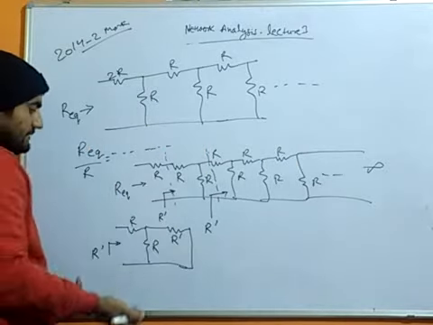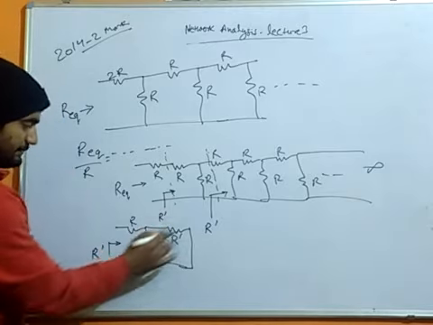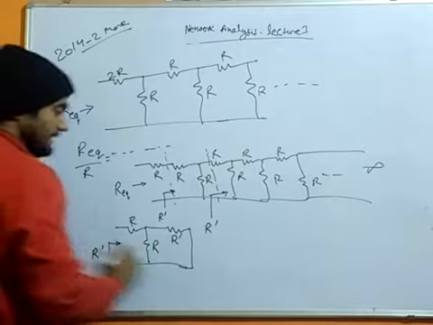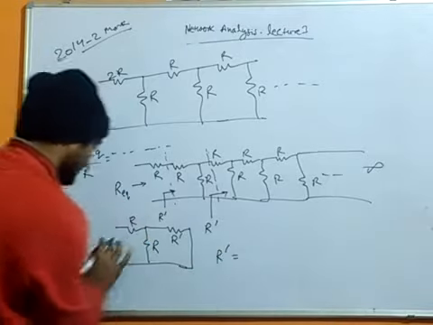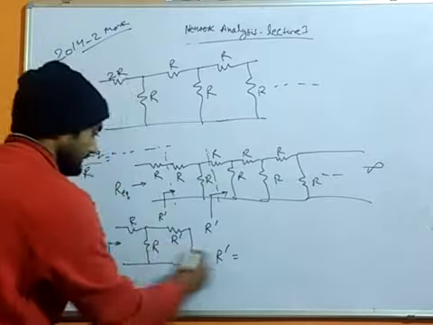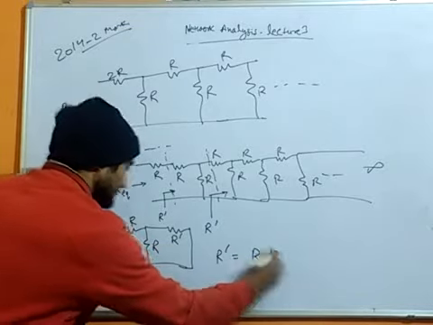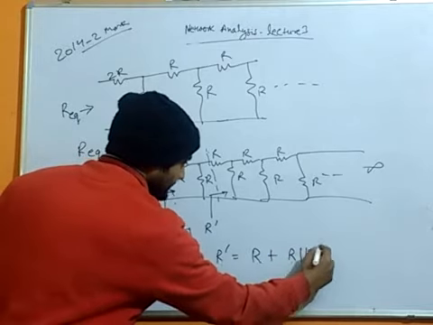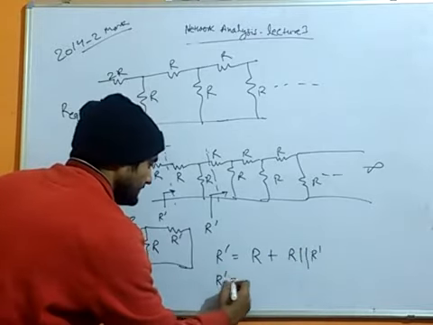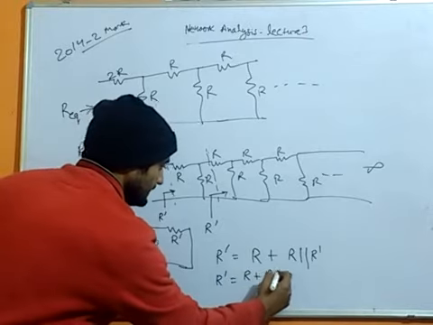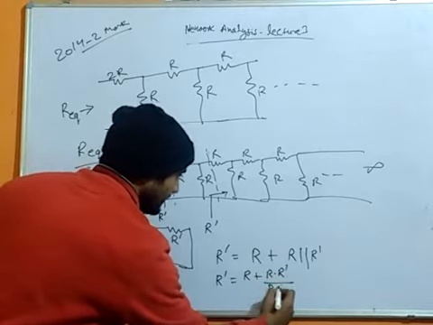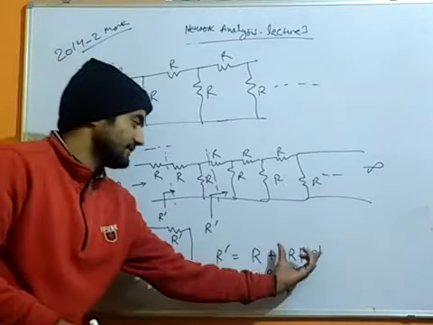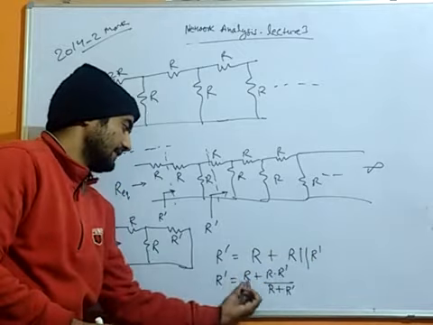Okay, R dash and this R are in parallel, and that is in series with this R. So overall this R dash equivalent will be like this: R plus, in series with these two, the parallel combination R parallel R dash. So R dash equals R plus R into R dash divided by R plus R dash. So this is the derivation for this part.